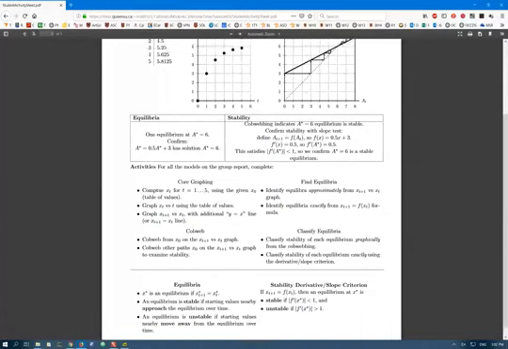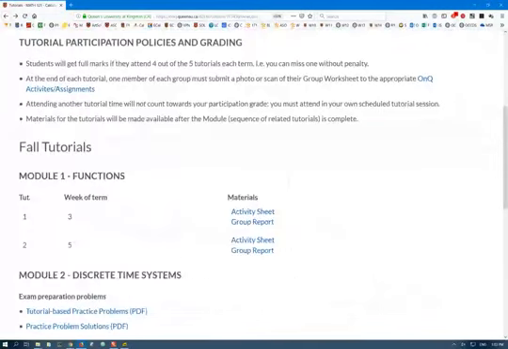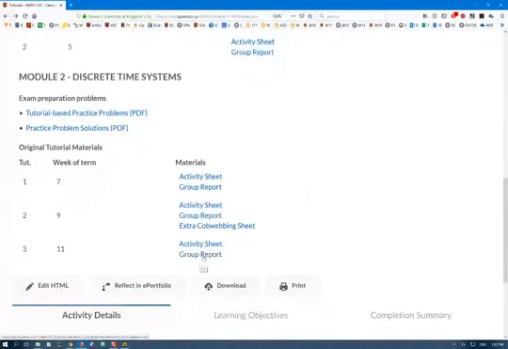Sorry, I said that so confidently, and I thought it was in this particular page, but it doesn't seem to be. I was looking for the instructions for the, it has the stability criteria, but I thought it also had the cobwebbing instructions, and it does not seem to. So bear with me for one moment here. I'm just going to open a couple of different versions.